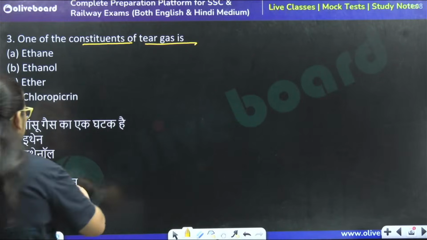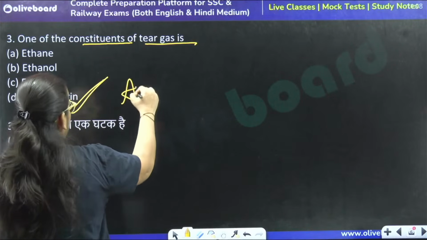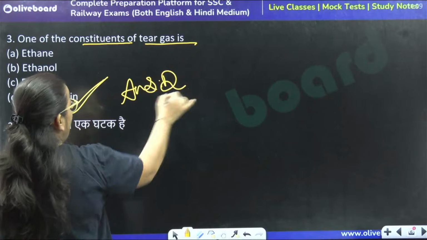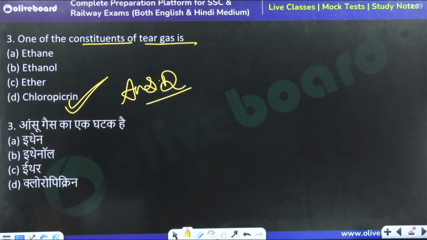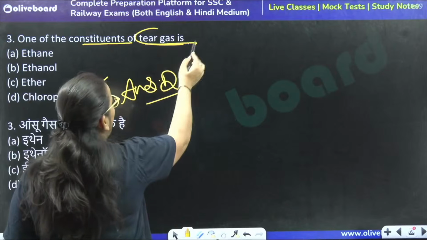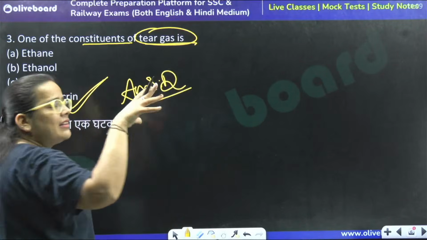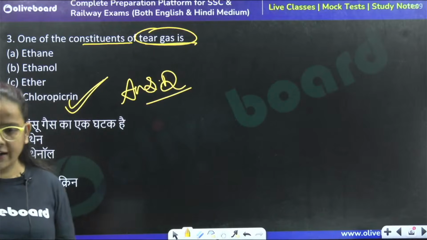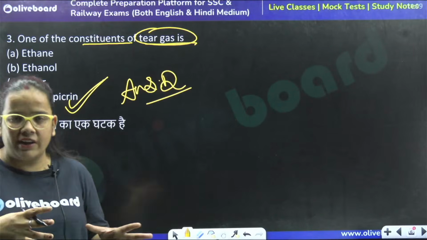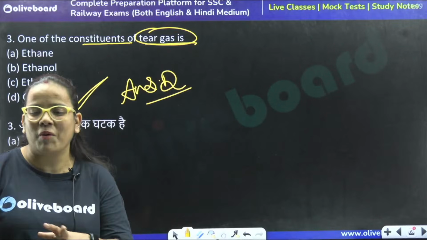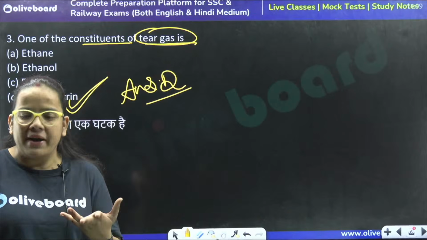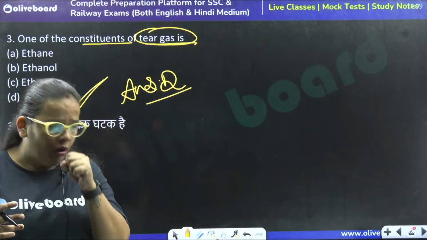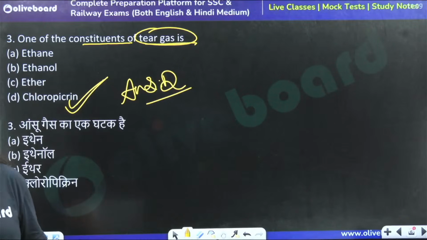Correct answer of this question is chloropicrin, the absolutely right answer here. Correct answer is option number D. So basically there are a lot of gases. For example, tear gas is always used to suppress riots, or if there is a very huge movement, to control the movement especially, the government uses tear gas, right? So this is important for you.